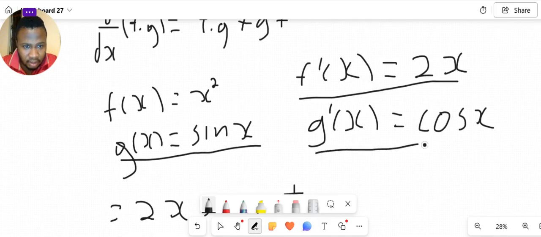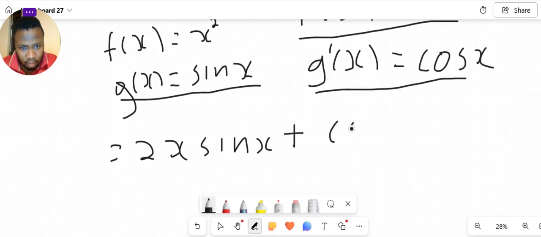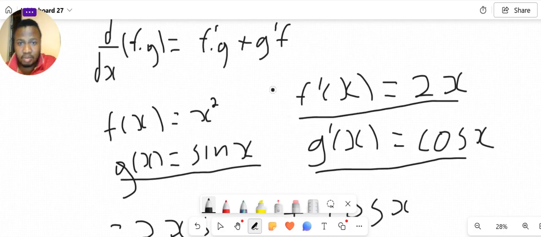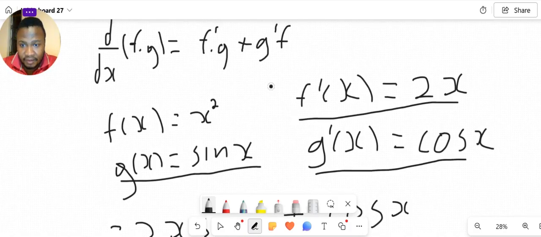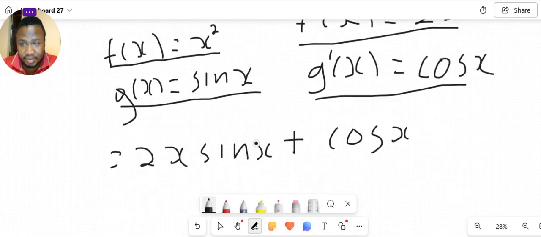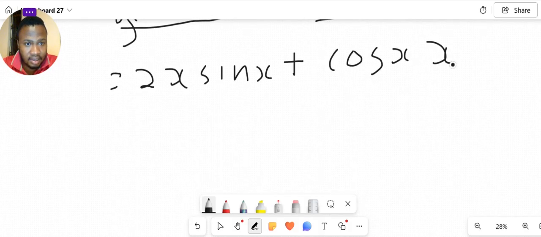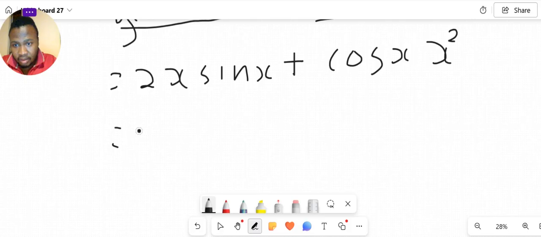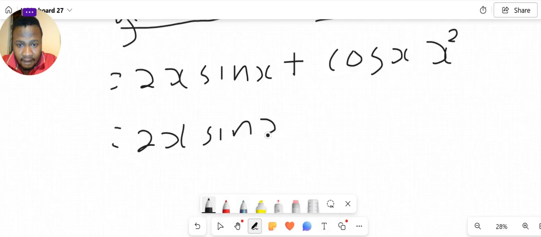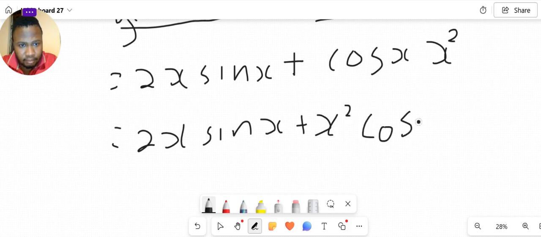G prime is cos x, and then we multiply by f. The function f is x squared, so on the right-hand end I just have x squared. So basically, you'll get 2x sin x plus x squared cos x. That is the product rule.